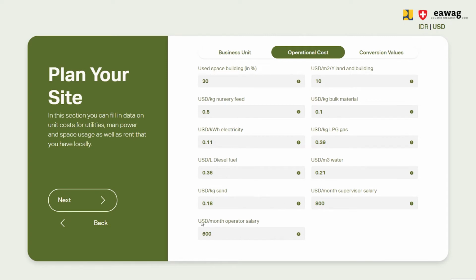The operator salary is a little bit lower. We place these values as averages of what we have seen at our site and at sites in the Southeast Asian region. But you can, of course, change these values with the value that you want to use.